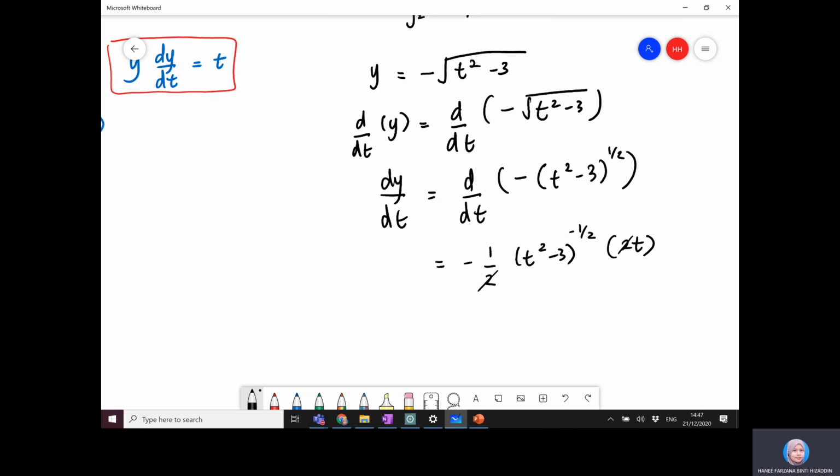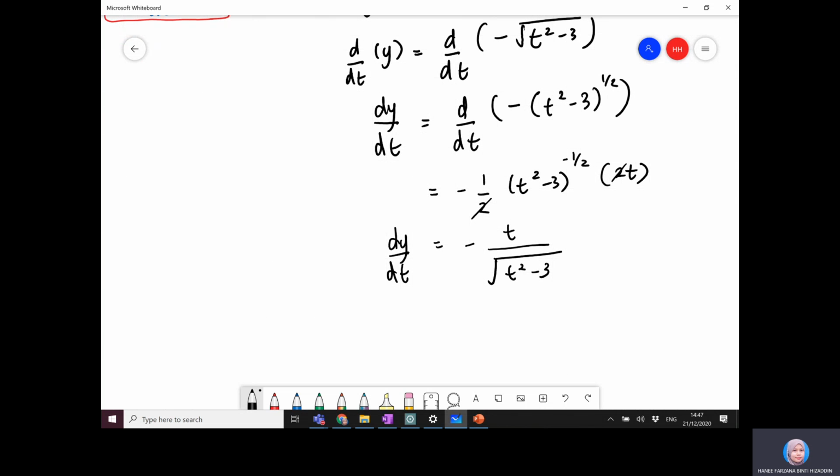So then you can eliminate these 2. So you get negative t over, because it's negative half there, so you put it down here. So you get dy/dt is equal to negative t over square root of t squared minus 3, sorry. And then what's next?